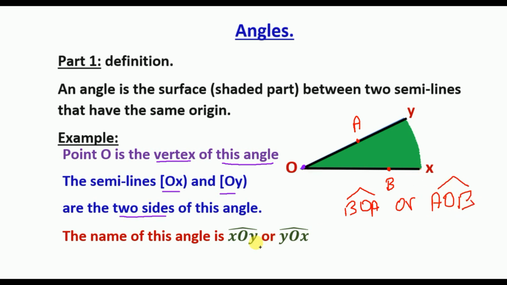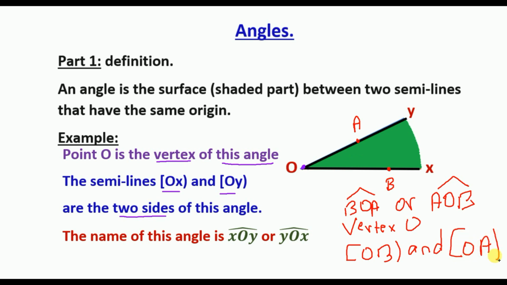So in fact, we can replace these two small letters sometimes by capital letters, in case we have points on OX and OY. This angle has also the same vertex. Its vertex is O, same as XÔY. And the sides of this angle are OB, bracket, parenthesis, and OA, bracket, parenthesis.